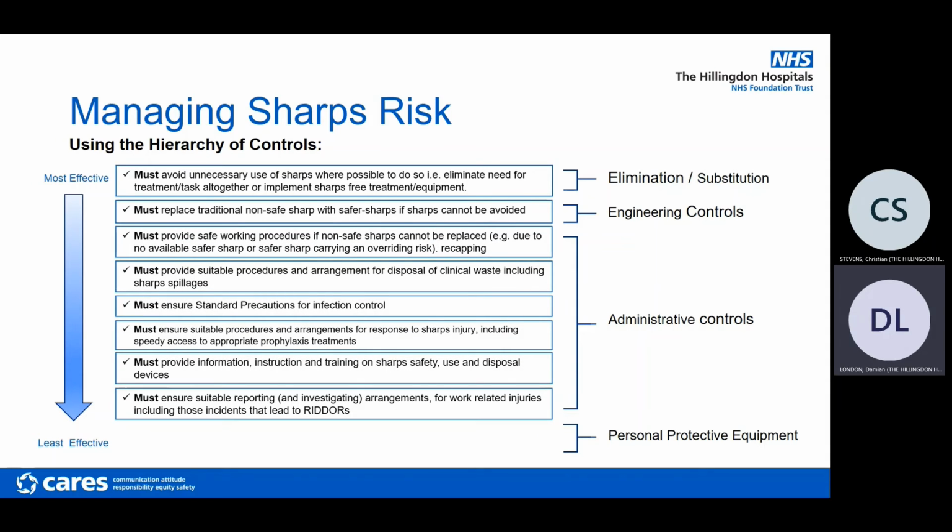Now, there may be reasons why we can't replace traditional non-safe sharps with safer alternatives, so we may have to continue using non-safe devices in certain instances. So the next step in the hierarchy is about administrative controls.